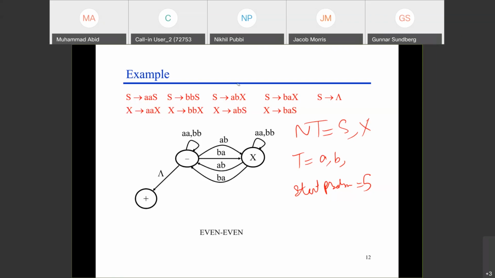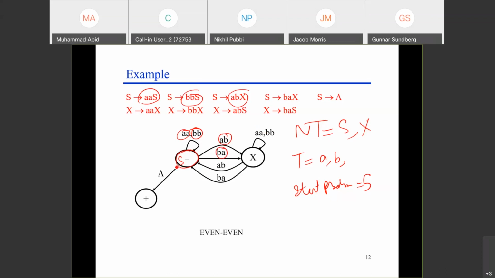This is a TG. So we start from the start state, which is S, and then we take care of AAS, BBS, and then we have another state X, ABX, and then we take care of this AA, and then ABX, BAX.